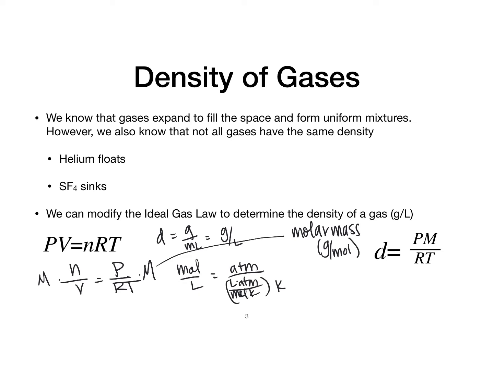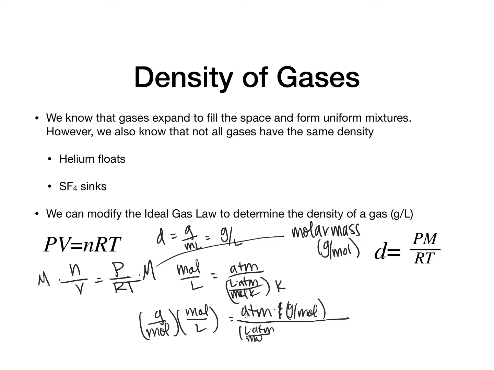And so this is going to give us moles over liter multiplied by grams per mole, which is going to give us atmospheres times grams per mole, oops, this should be a multiplied sign, over liters atmospheres per mole Kelvin times Kelvin.